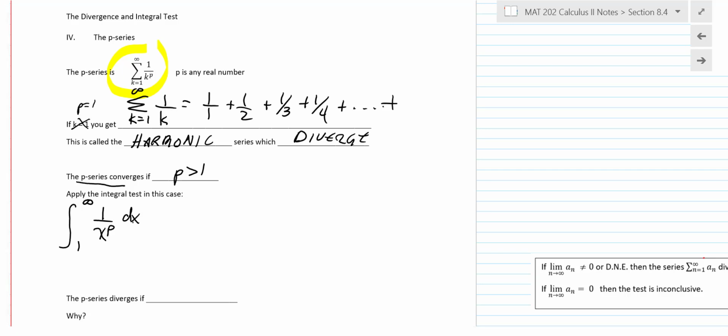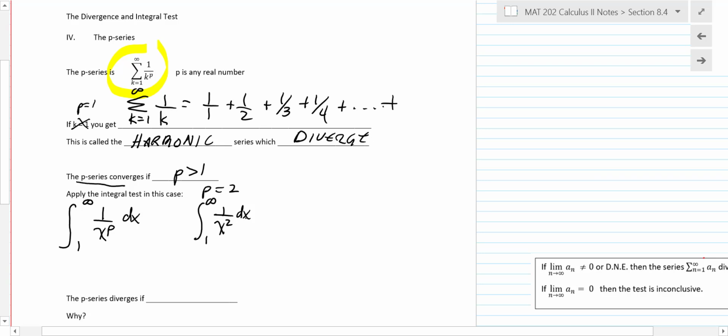I'm just going to give you an idea of how this goes without really doing a mathematical proof. Let's start with p equals 2. If you were doing the integral from 1 to infinity of 1 over x to the second dx, that's an easy integral, isn't it?